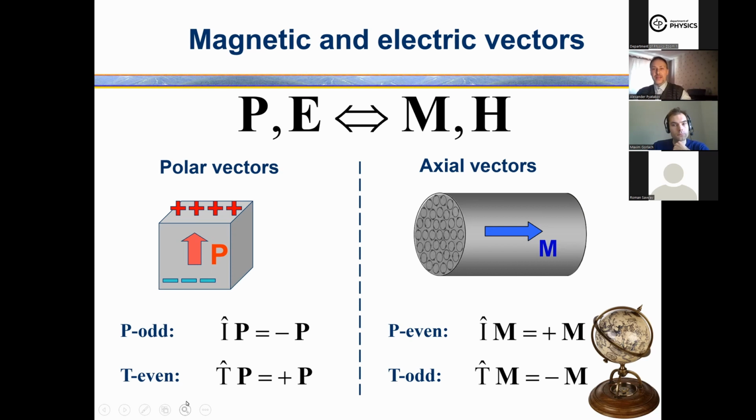But magnetic vectors are quite the opposite. They are just like spinors. When the time reversal is applied, it's kind of rewinding the film in reverse.